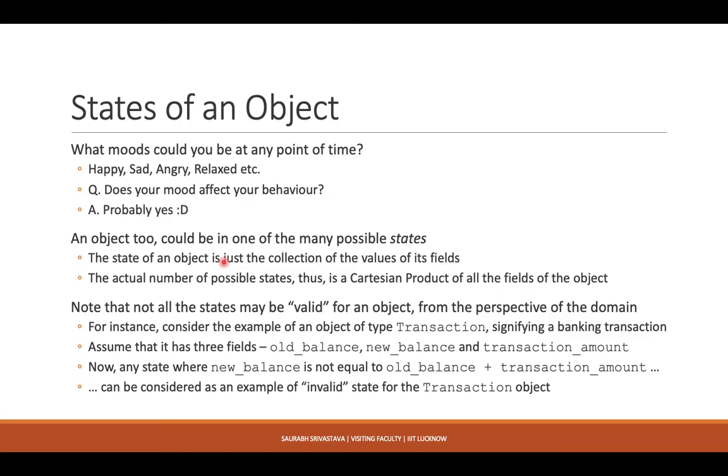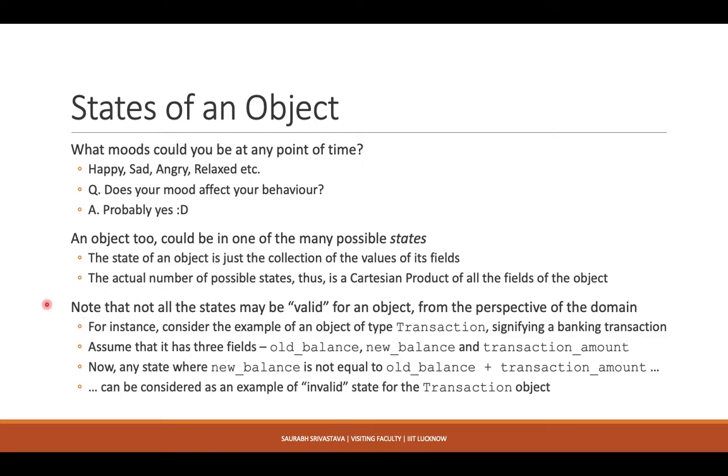The number of possible states that a particular object can take could be in millions or even billions, depending on how many fields you have, and what are the possible values that each field can take. So you can understand that there are so many different possible states, right?